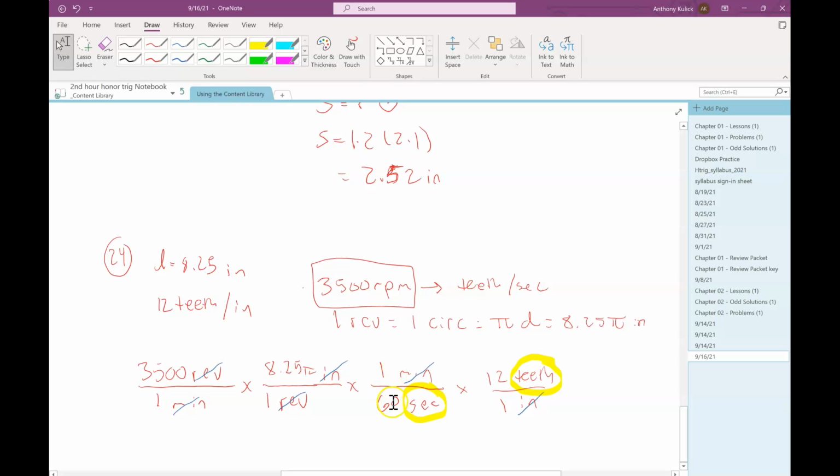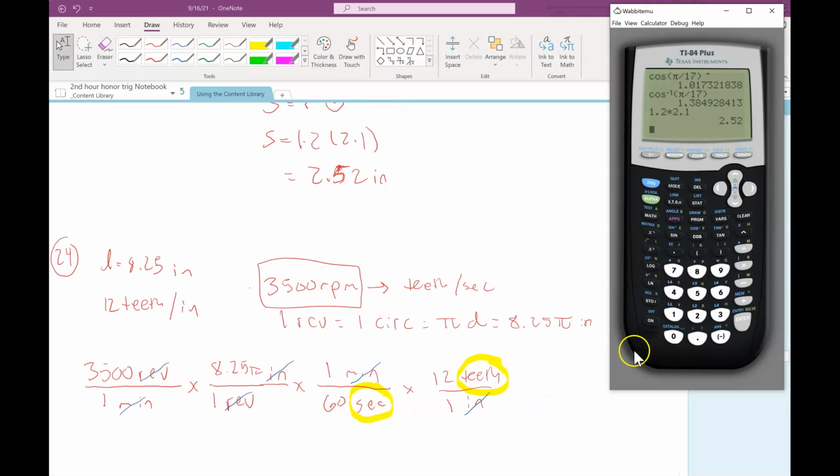So all I have left to do is type this into my calculator. 3,500 times 8.25 pi. I'm not going to bother with the times 1 and then times 12, and in the denominator I'm not going to bother with the times 1s. I'm just going to put the 60 in there. So I have 18,142.